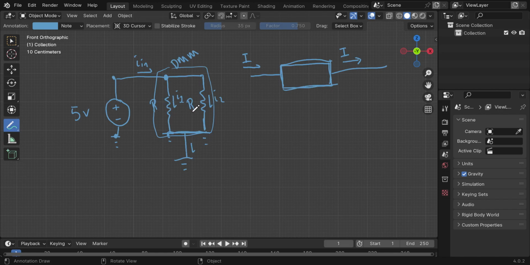And if these two resistors are equal, half of the current is going to go through one resistor and half's going to go through the other. Both resistors are resisting the same amount of current flow, so the amount of current going through each one is going to be divisible by 2.